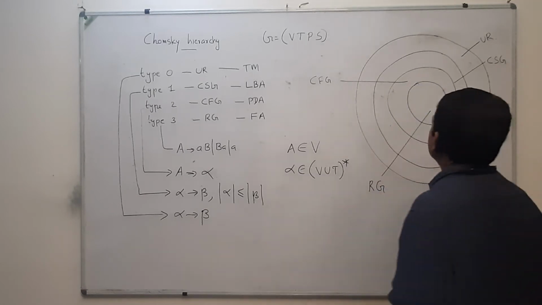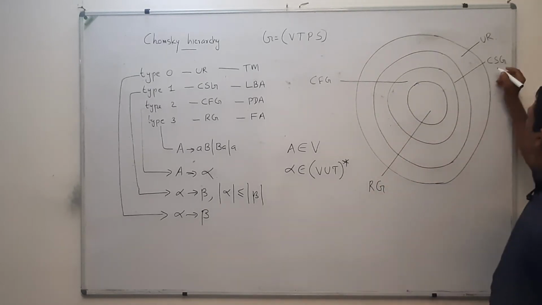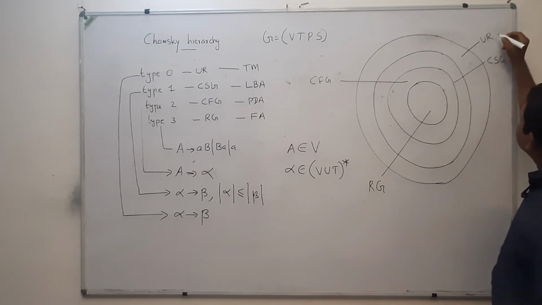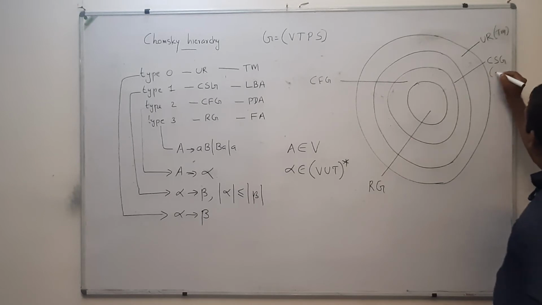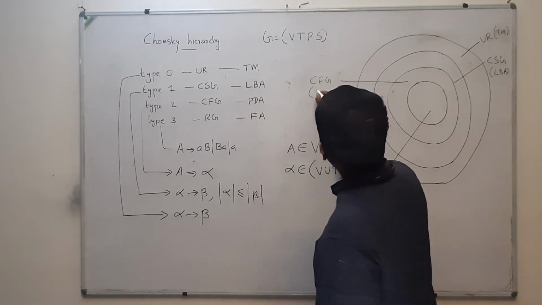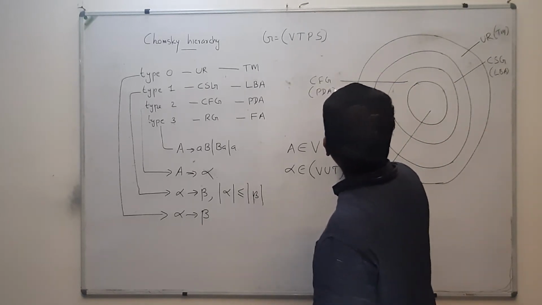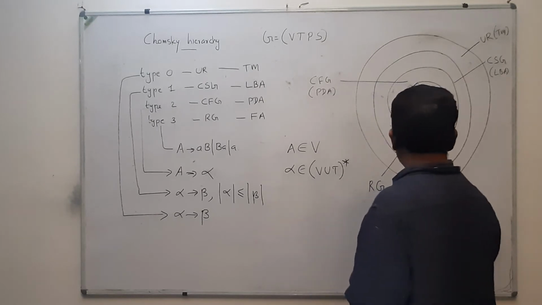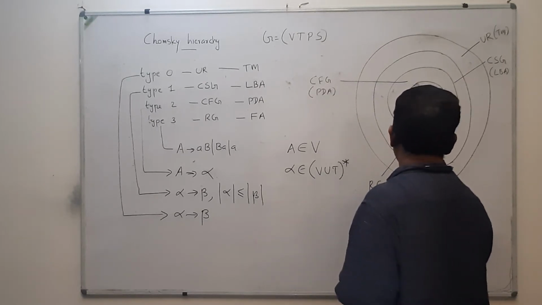The unrestricted grammar is accepted by the Turing machine. Context sensitive grammar is accepted by the linear bound automaton. Context free grammar is accepted by the push down automaton, and regular grammar by the finite automaton.